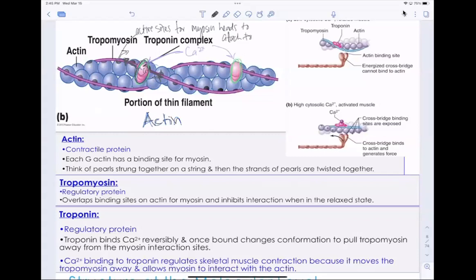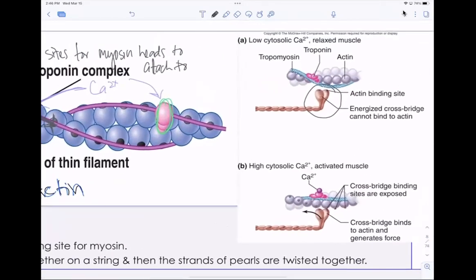So when calcium is released from the sarcoplasmic reticulum, those voltage-gated calcium channels in the sarcoplasmic reticulum open because an electrical action potential is a change in voltage and opens those voltage-gated channels. Calcium's let out and it can bind to troponin. It will then move tropomyosin off the active sites, and will expose these active sites. Then these myosin heads can reach over and attach to the actin strand.